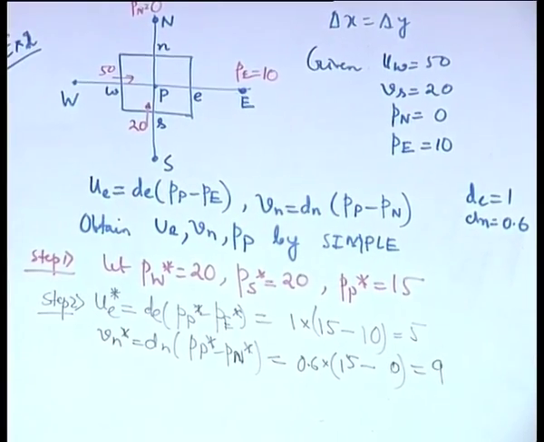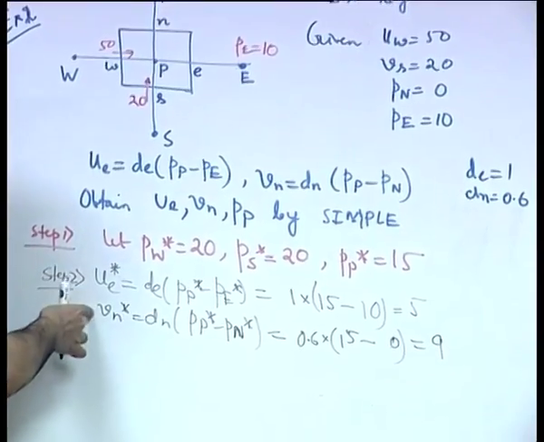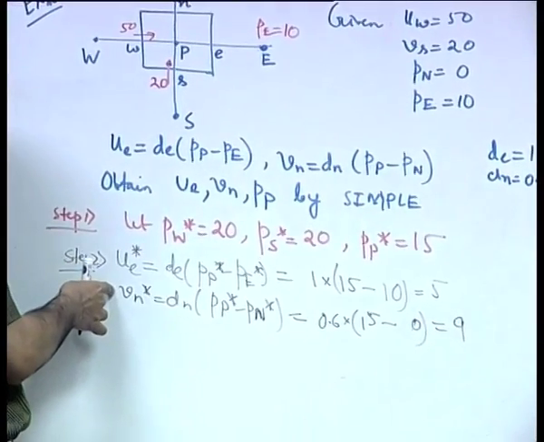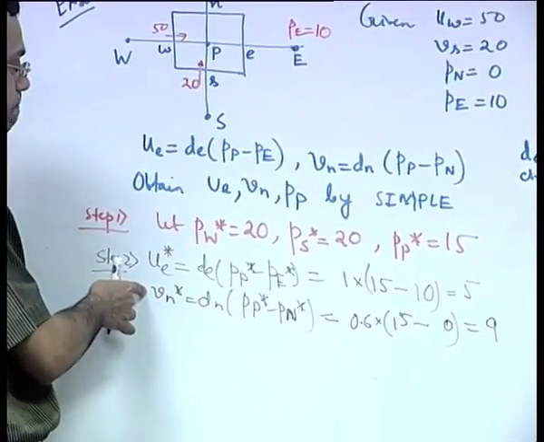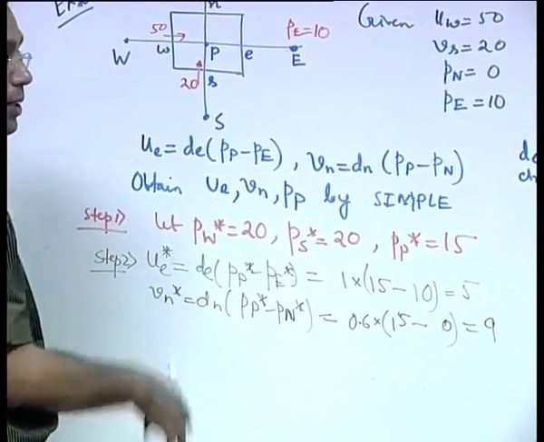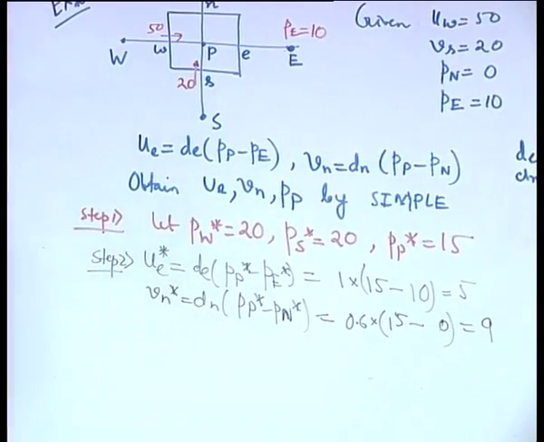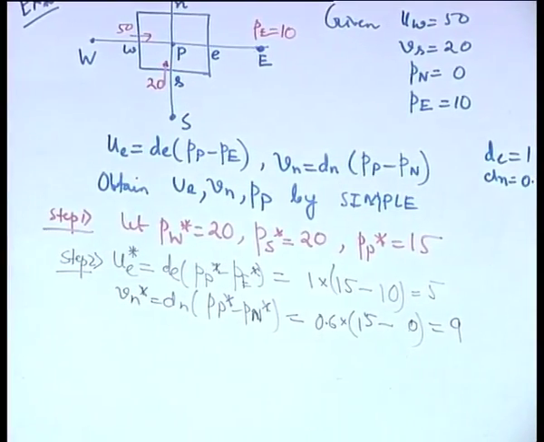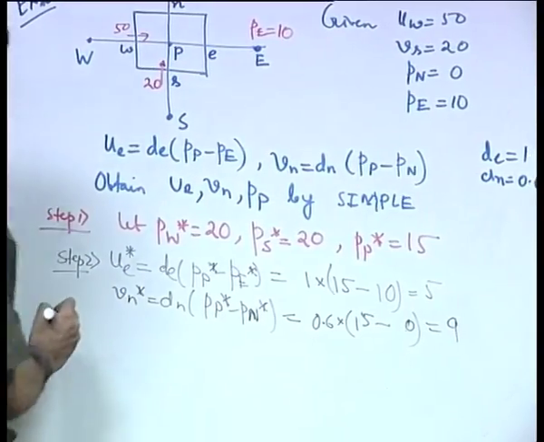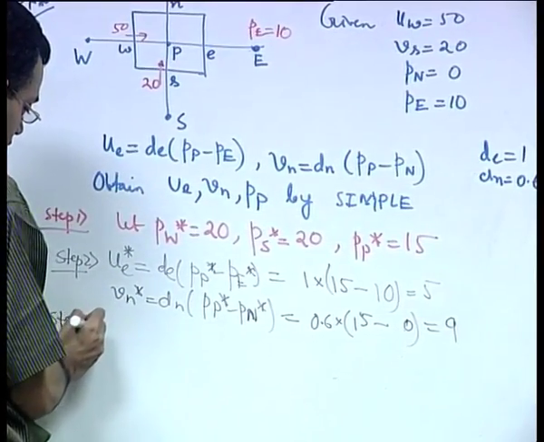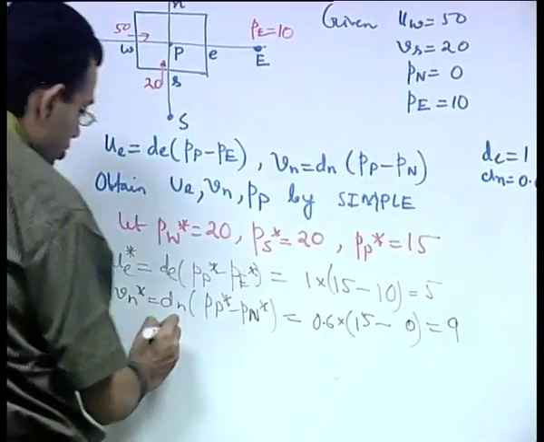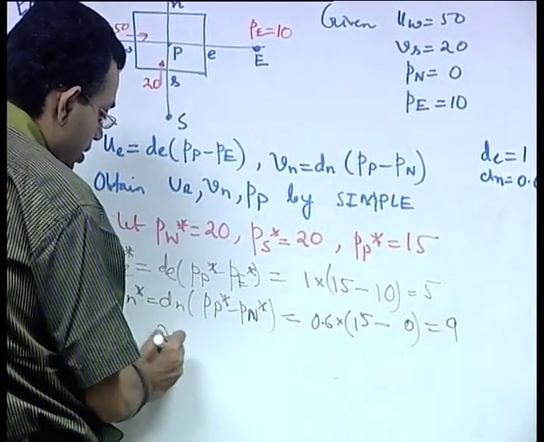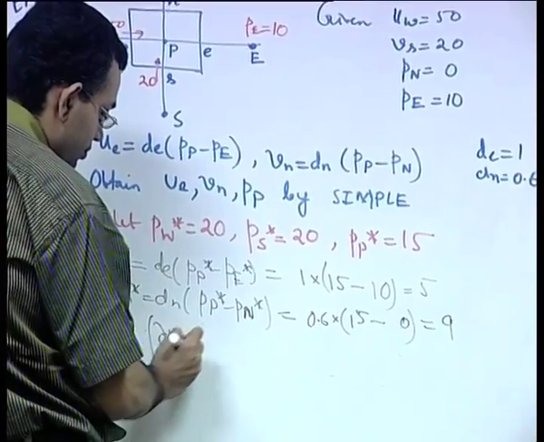So, you have calculated the guess values corresponding to the momentum equation for velocity. What will be the next step? Next step is to derive the pressure correction equation. So, it is a 2-dimensional problem, incompressible flow.